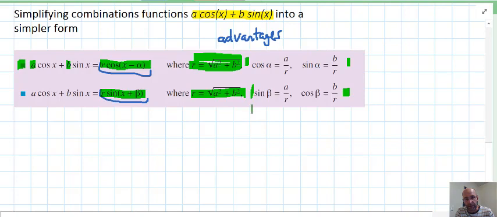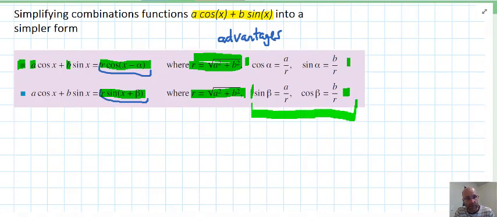Do you see the similarities there? So those are important to note. It's interesting that cos alpha and sine beta are equal, and sine alpha and cos beta are equal in their result. Note that these things are not on our formula sheet.